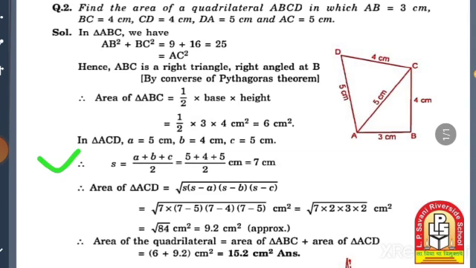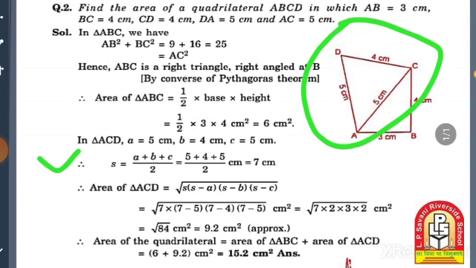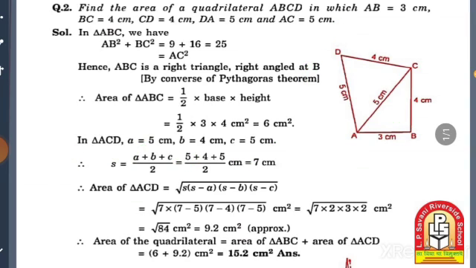Then in triangle ACD, A is equal to 5, B is equal to 4, and C is equal to 5 centimeter. So the semi perimeter of the triangle is A plus B plus C by 2. So 5 plus 4 plus 5 by 2, that is 7 centimeter.